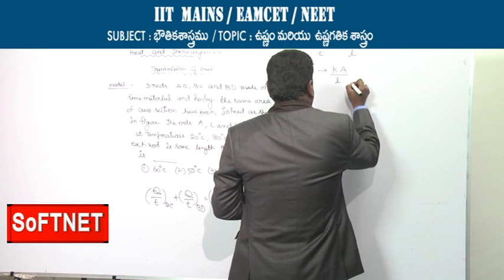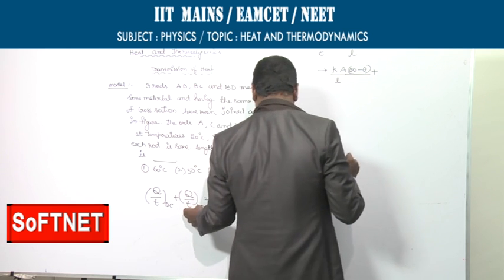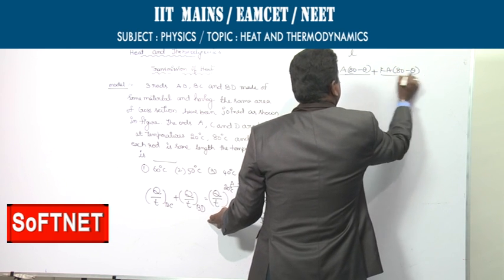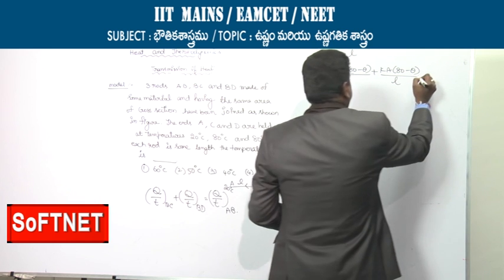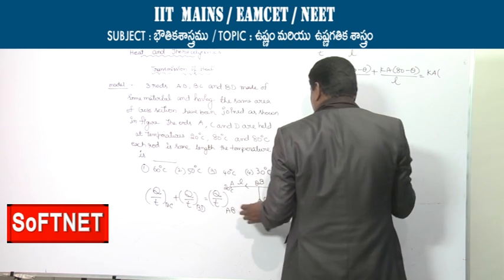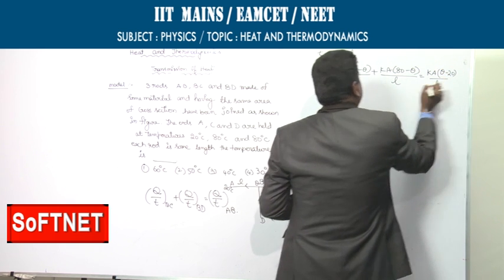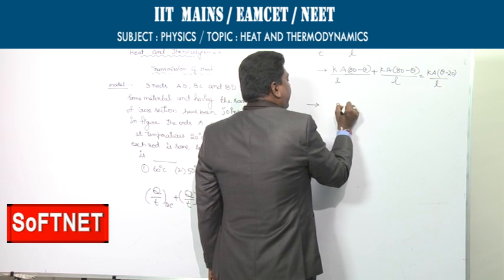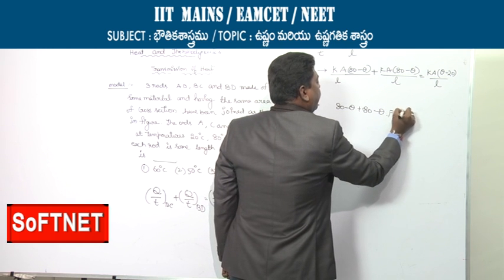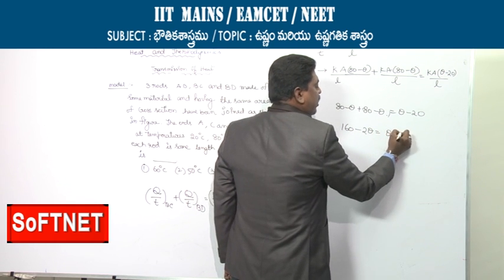So 80 minus theta for BC, plus KA into 80 minus theta by L for BD, equals KA into theta minus 20 by L. From this, 80 minus theta plus 80 minus theta equals theta minus 20, which is 160 minus 2 theta equals theta minus 20.